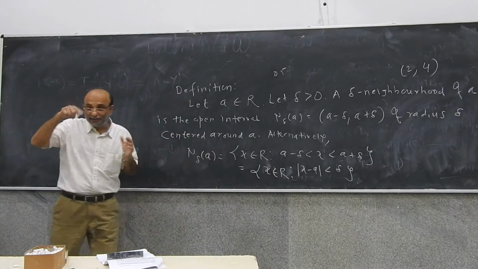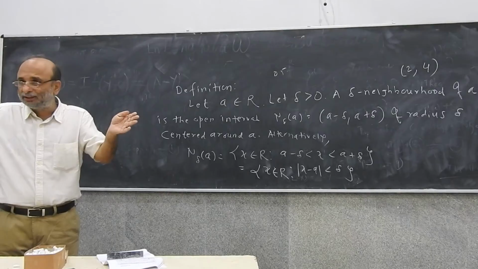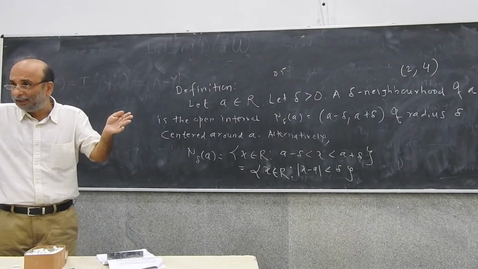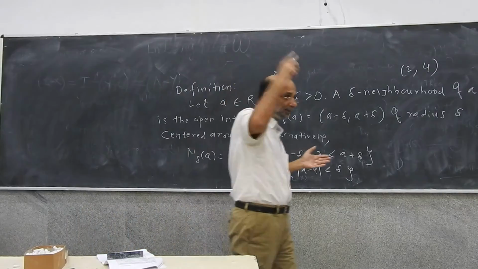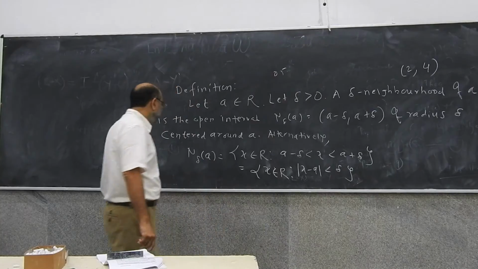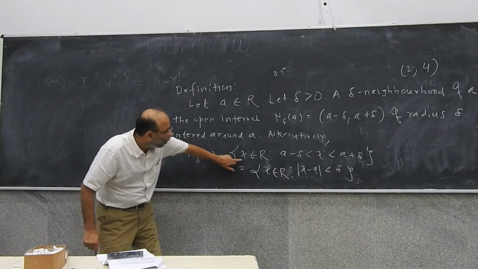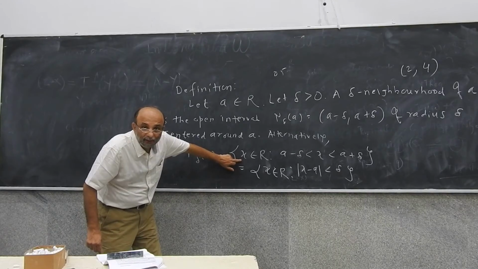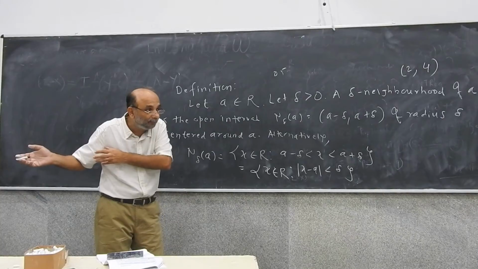Why is it called radius delta? Because it's delta distance on this side and delta distance on this side. If you think of two-dimensional space, you will get a ball of radius delta centered around it. Alternatively, you write the neighborhood of A as the set of all points x which lie between A minus delta and A plus delta.